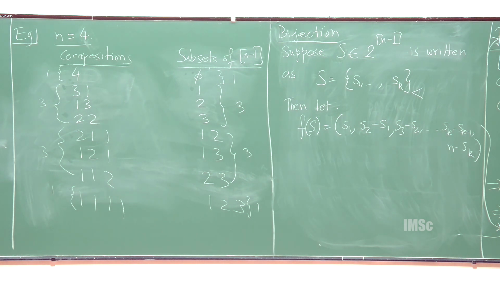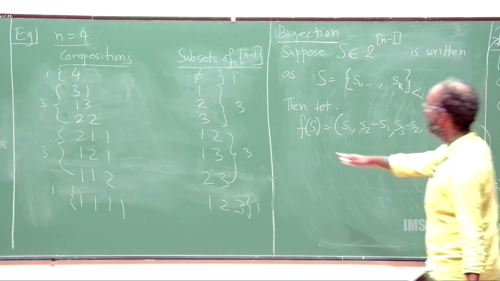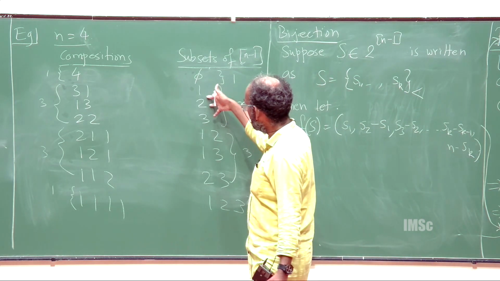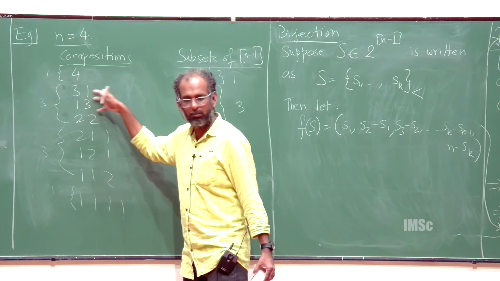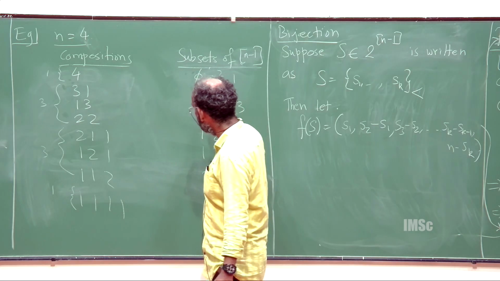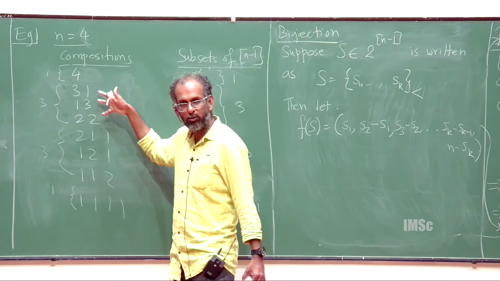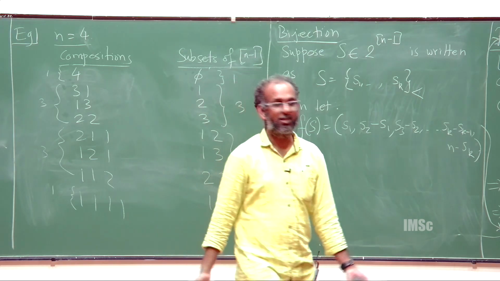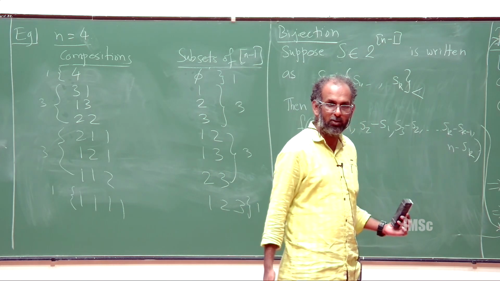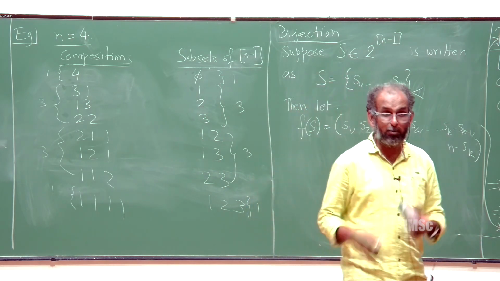Okay. So then you see, how many parts does f of S have? K plus 1, as it should. Every subset of size k will correspond to a composition of size k plus 1, and it should be a composition of n.